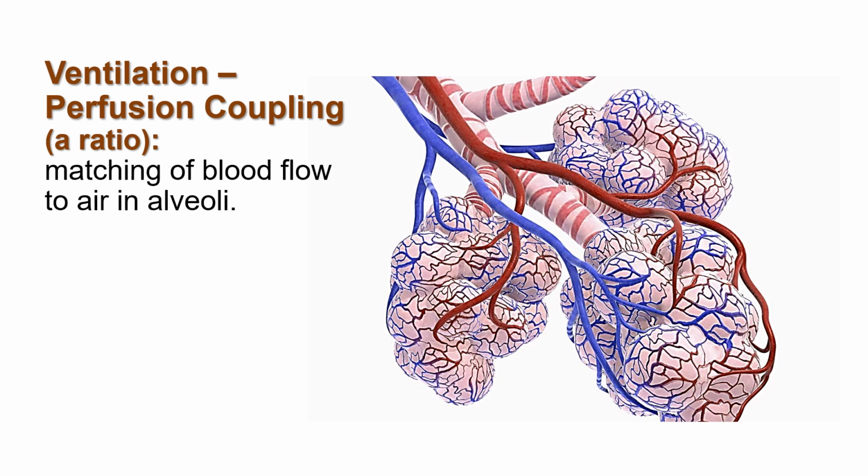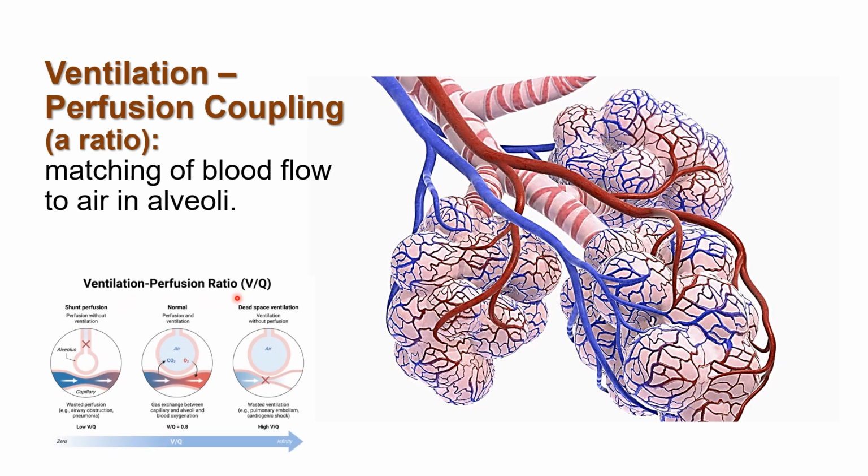So we have this concept called ventilation perfusion coupling, or sometimes referred to as VQ ratio, where V is the ventilation of gases and Q is the blood flow in the pulmonary arteries and pulmonary veins.